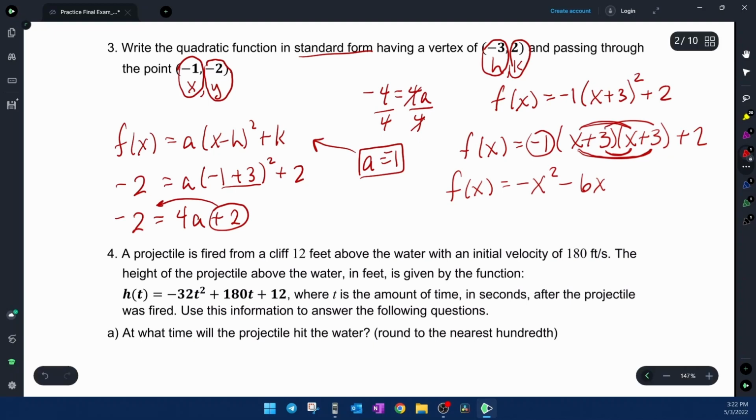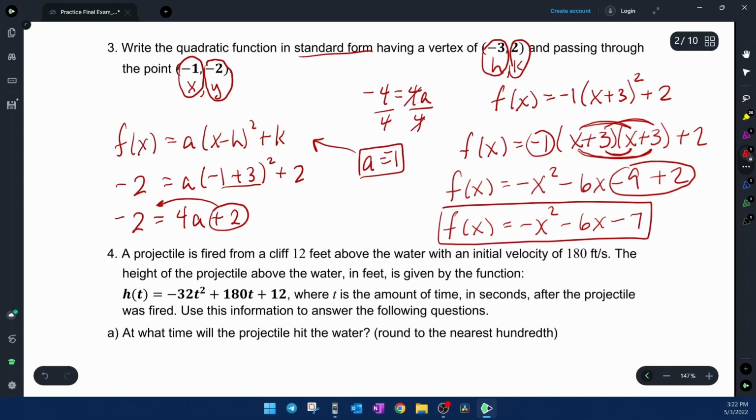Last but not least, 3 times 3 is 9, giving me negative 9 when I distribute the negative 1, plus 2. One more step, and I'm done. We're going to have negative x squared minus 6x minus 7. And that is the answer in standard form.